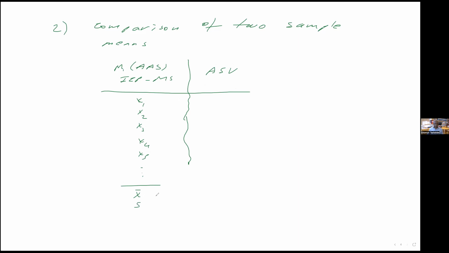and the standard deviation. And here also we have x1, x2, x3. We make a number of measurements here. Also, the number of measurements doesn't need to be exactly the same. We can have, for example, fewer measurements here because ICP-MS works with argon and it can be a little expensive.